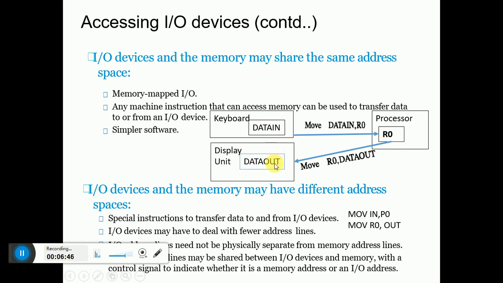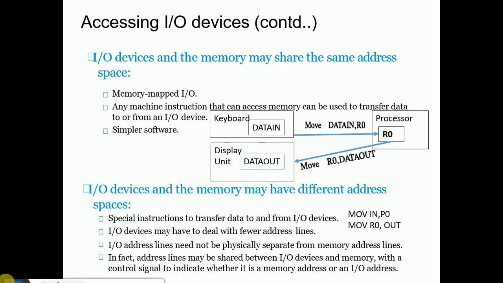So that's how we generally deal with the registers of input output devices. Input output devices and memory may have different address spaces, and a special instruction is used to transfer data to and from input output devices.